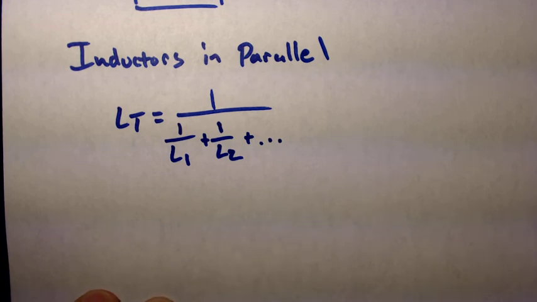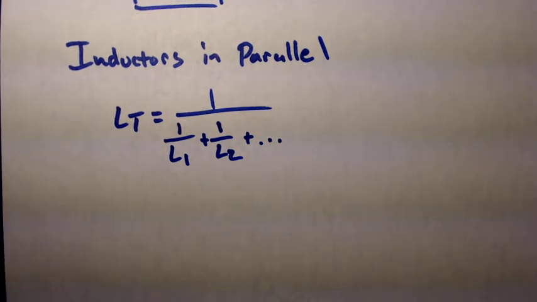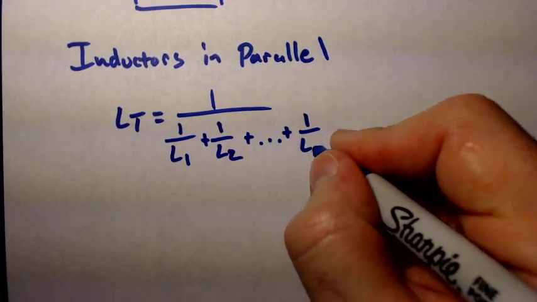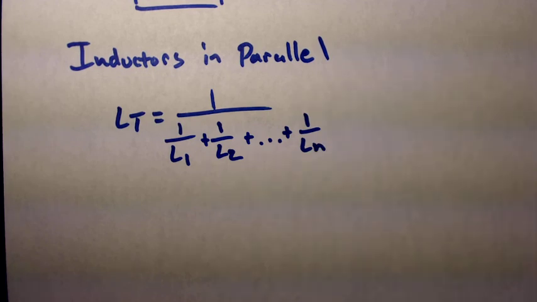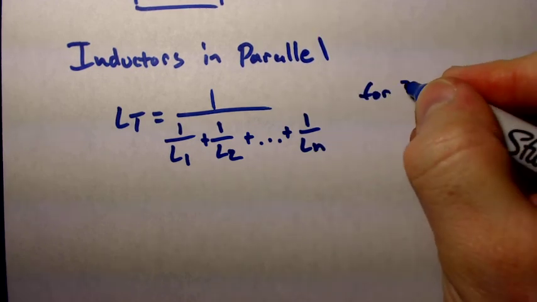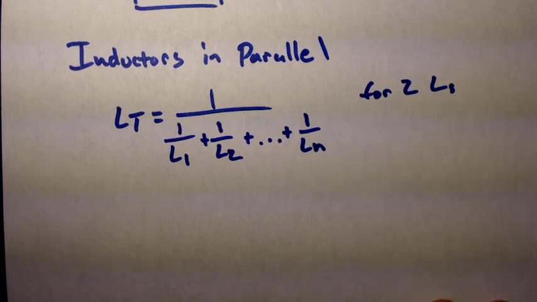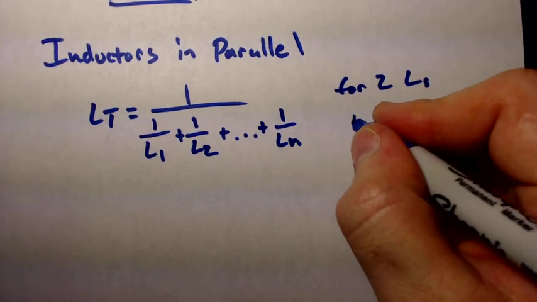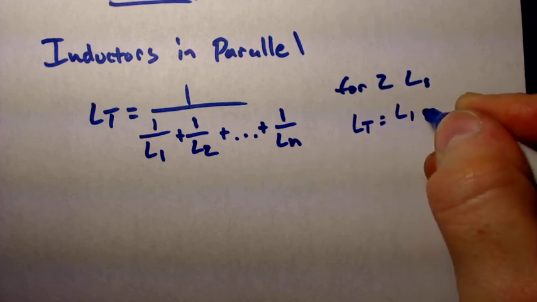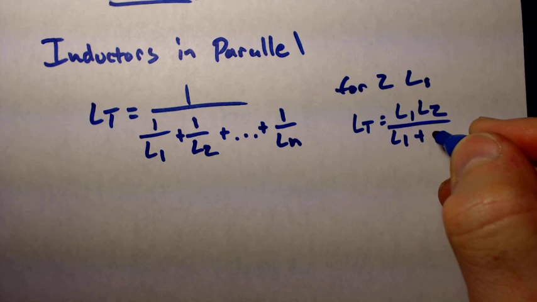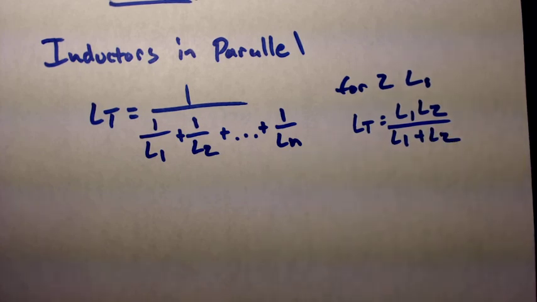One over the summation of the inductances inverted. Or for two L's, LT is equal to L1 times L2 divided by L1 plus L2. It does the same thing that resistors in parallel do.